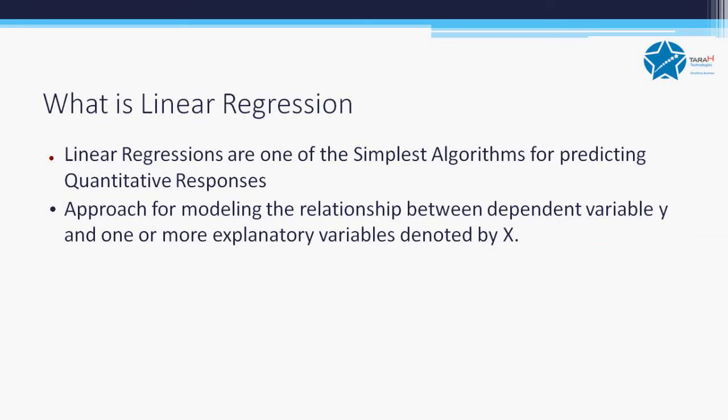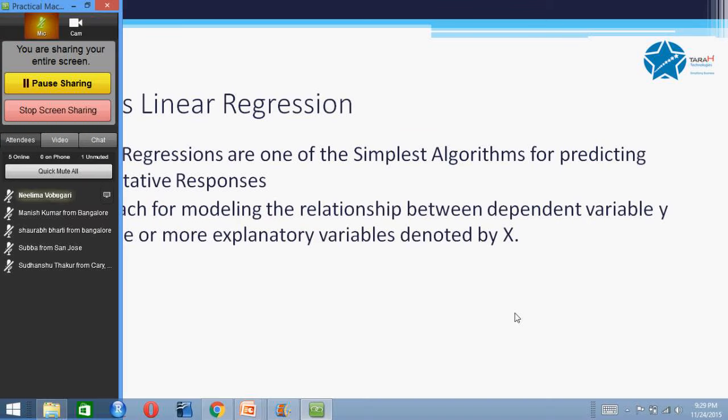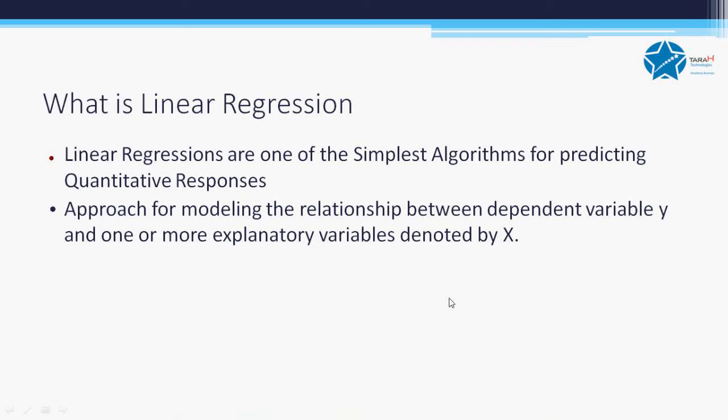Linear regression is actually the simplest algorithm for predicting what we call a quantitative response. And in the simplest case, we talk about two variables, one input, one output. The output is a dependent variable, and the other variable is typically termed the explanatory variable.